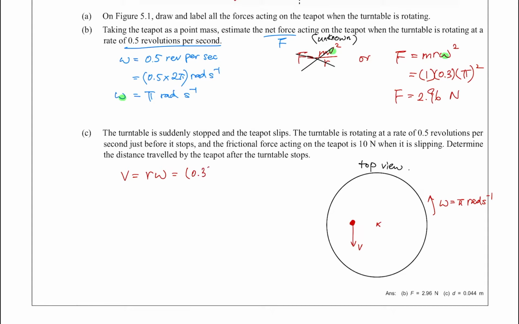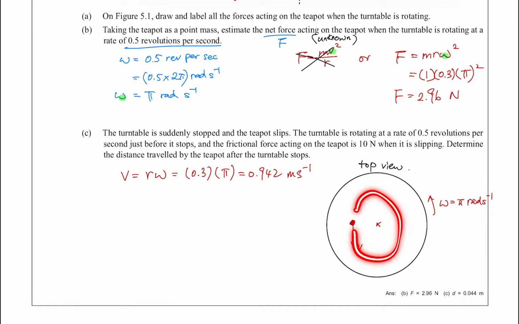So we can find the linear speed of the teapot with a known angular speed, and v would be equal to r omega. The radius is 0.3, omega is pi radian per second. So we have 0.942. This is talking about linear speed, so the unit is meter per second. Okay, so now what? We already know the teapot is moving when the turntable is rotating.